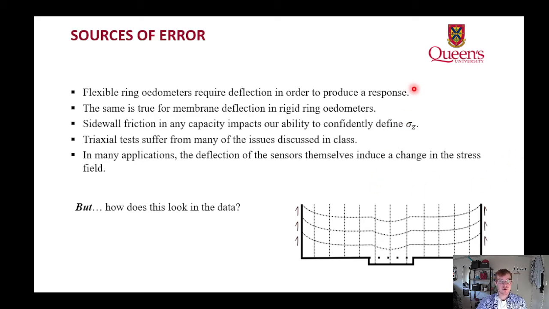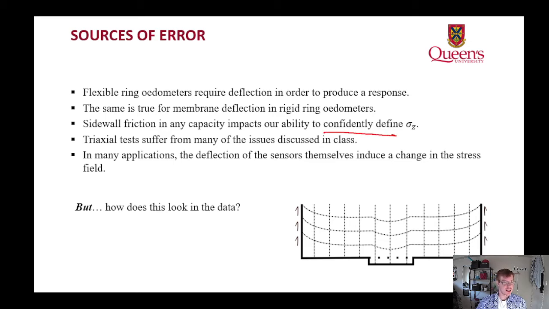Flexible ring odometers require some sort of a deflection in order to produce a stress response. And the same is true for membrane deflection in rigid ring odometers. Sidewall friction in any capacity in all of our setups impacts our ability to confidently define sigma z. Recall earlier I was talking about how we can't conflate the applied load with the load experienced by the sample.